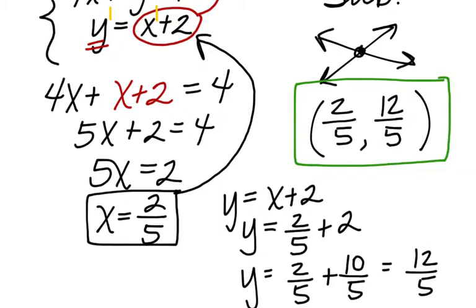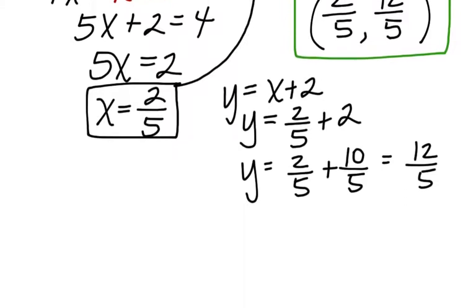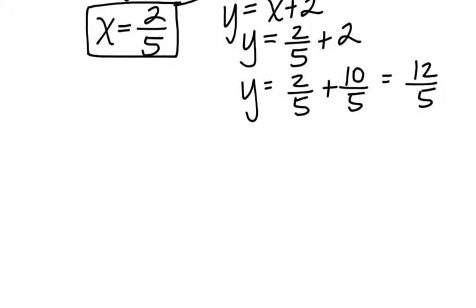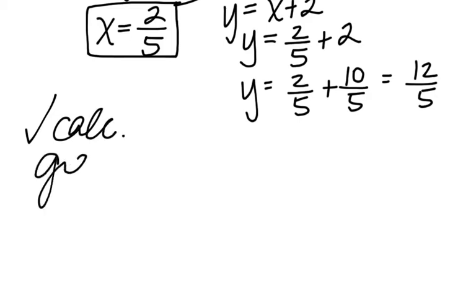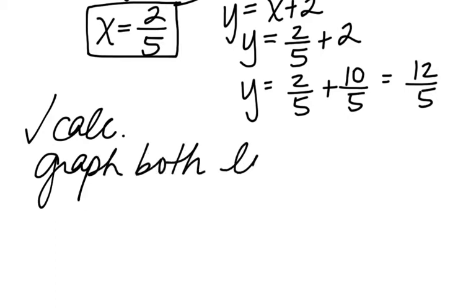Now, just as a reminder, if you were wanting to take this system and check it, we could certainly check it using our graphing calculators. We would want to graph both of the lines. And I encourage you to go through these steps of making sure that you could actually check this graphically using your graphing calculator. You want to graph both of the lines.